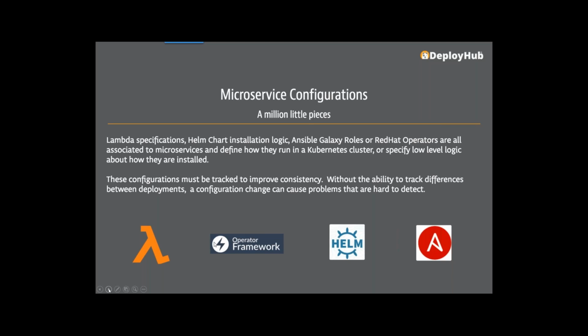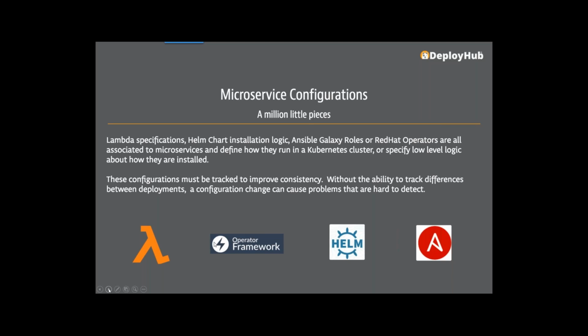And each one of them has its own configuration pieces, or what I like to call attributes, like AWS Lambda specifications, or Helm chart installation logic, or you might be using an Ansible Galaxy role or a Red Hat operator, or you might just be defining those configurations in some kind of a file.